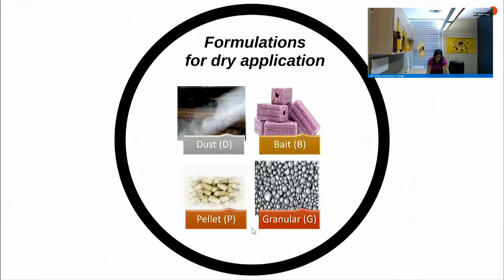Pellets, we also have some options of pellets when we're treating outside of the building especially. Granular formulations we generally use in the green and yellow zone outside of the building, and we don't have as many options of granular pesticides. I'm not talking about granular bait. I'm talking about granular pesticides. They're good to penetrate different layers of the vegetation, and they need to act with water.